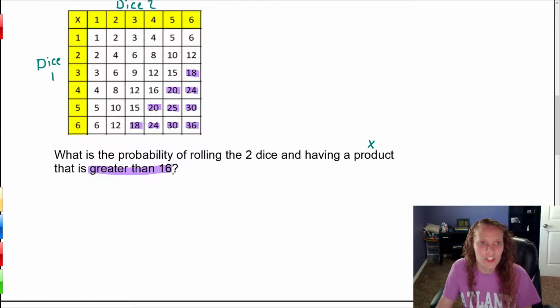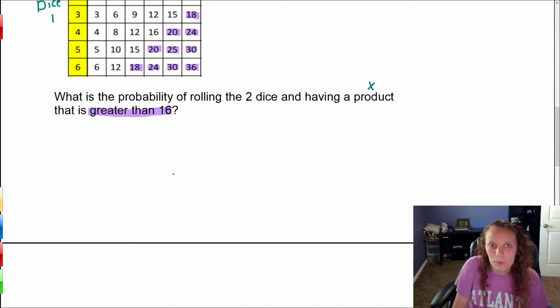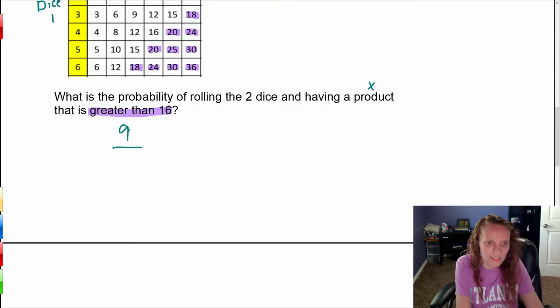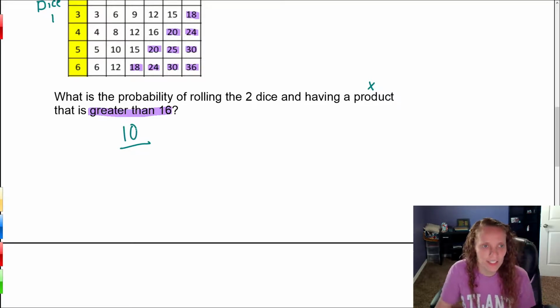So in our fraction, the numerator is going to be however many numbers we highlighted. Well, we highlighted 1, 2, 3, 4, 5, 6, 7, 8, 9 possibilities. Sorry, I miscounted. One, 2, 3, 4, 5, 6, 7, 8, 9, 10. 10 are greater than 16.